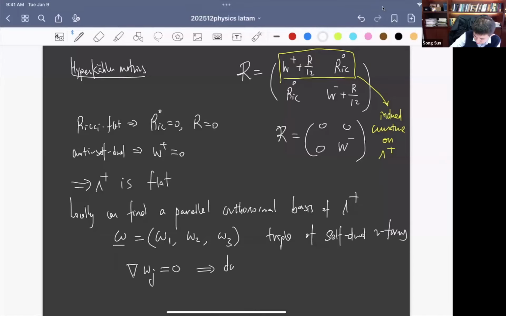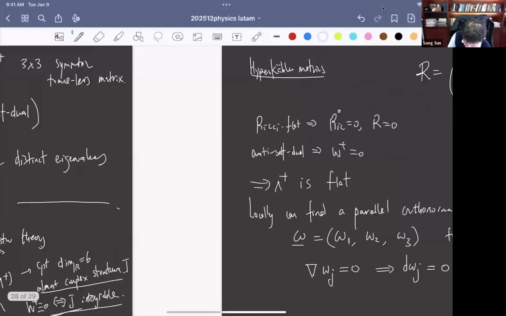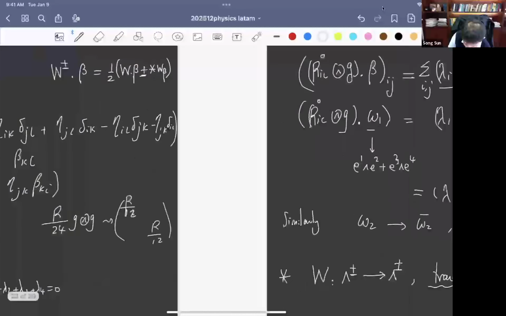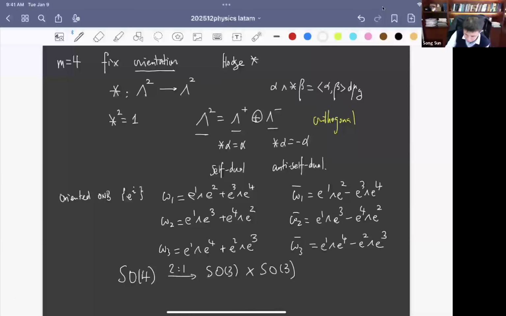So in particular, it is a closed form. And at each point, we have this model when we talk about self-duality. At each point, we can choose an orthonormal basis so that omega 1, omega 2, omega 3 are of this form.